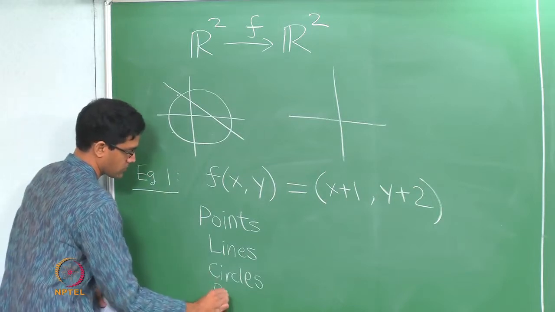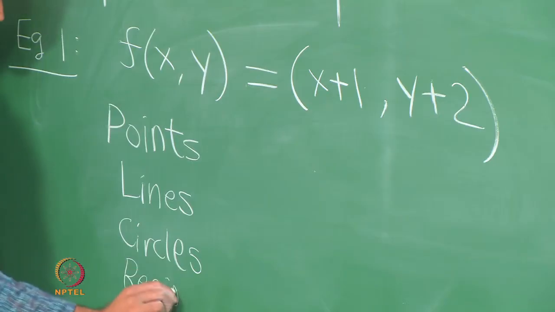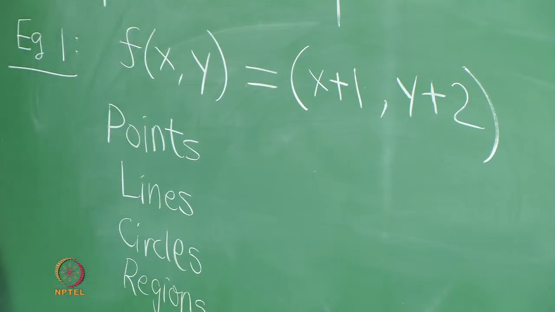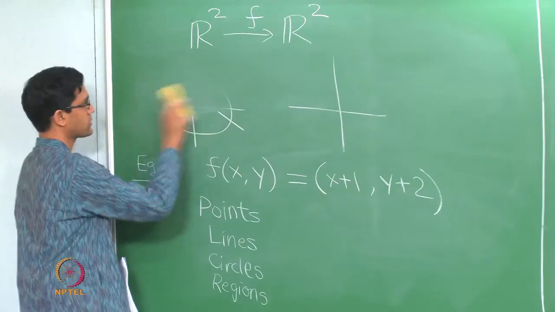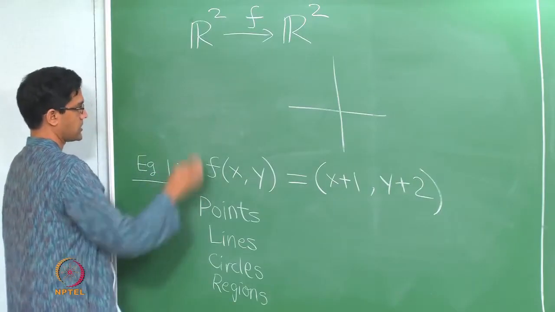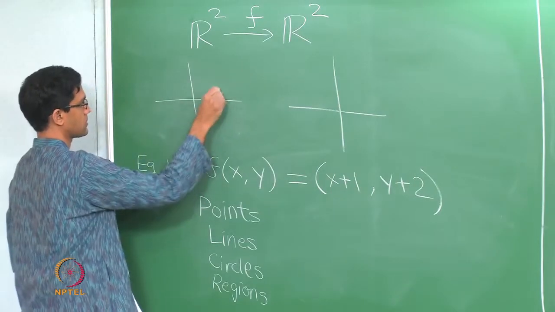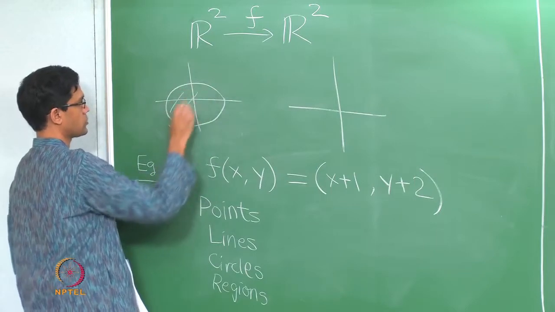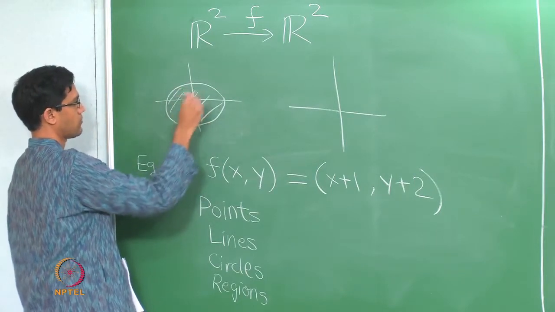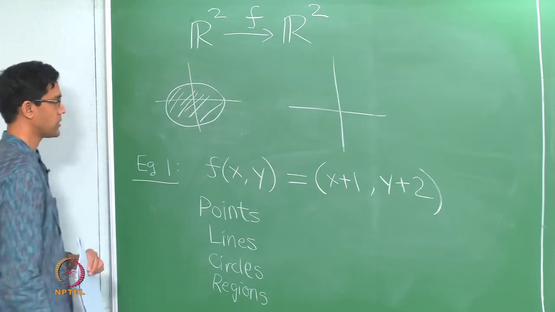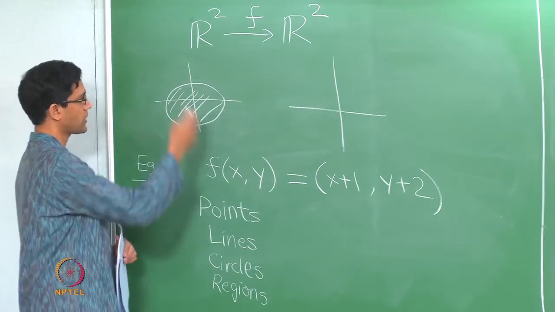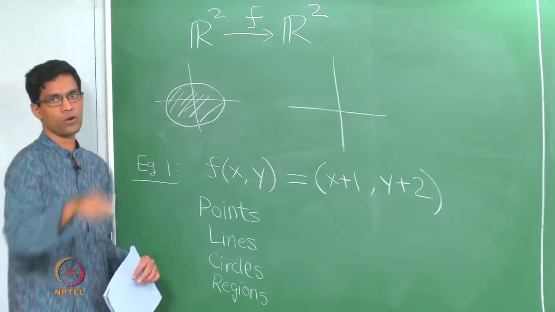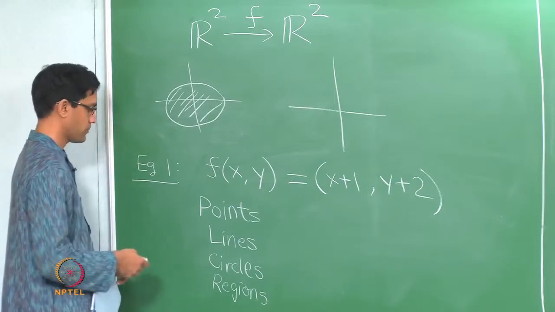regions in the plane. By a region we mean a 2-dimensional thing. So, let us say you could take the region that is inside a circle. This disk is often what you would call a region in R2. Of course, a region need not have such a nice shape, it could be a more arbitrarily shaped region.